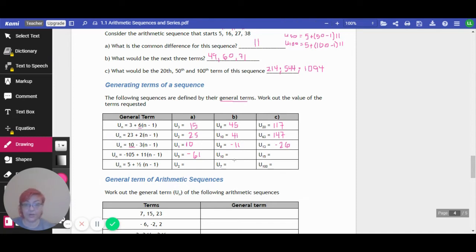The 10th term, negative 105 plus 11 times 10 minus 1 is negative 6. And finally, for the 15th term, that's negative 105 plus 11 times 15 minus 1, 49.